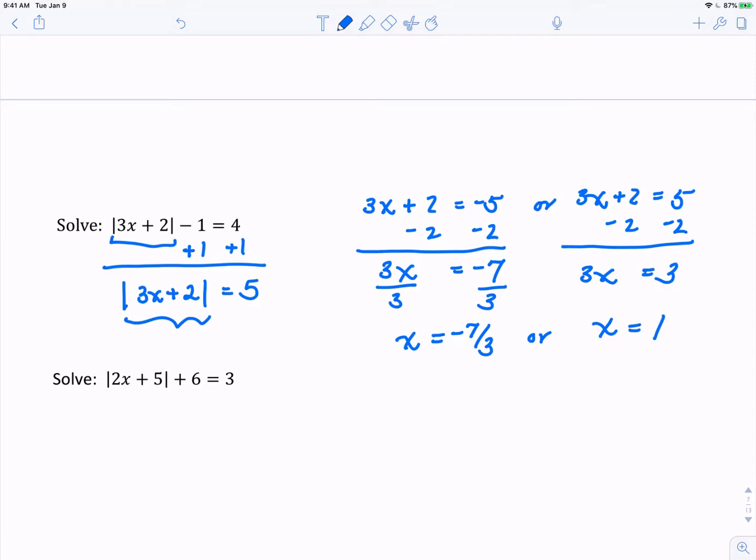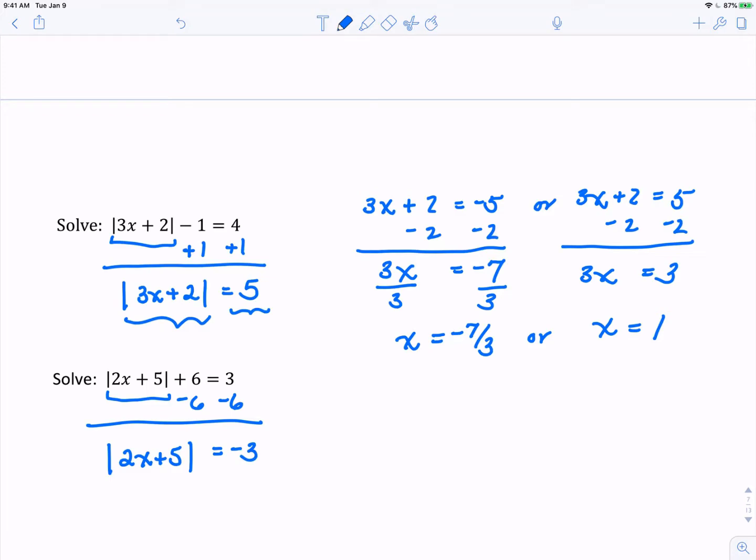Let's do one more example. We'll get the absolute value sign by itself. The absolute value of 2x plus 5 is equal to -3. And now we have to stop and be thoughtful. Up until now, we've always said there are two numbers whose absolute value, for example in the last example, was equal to 5.